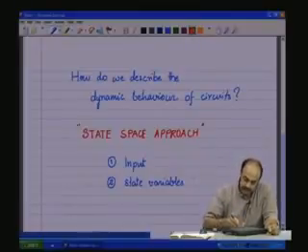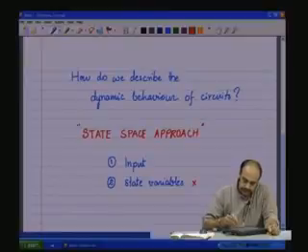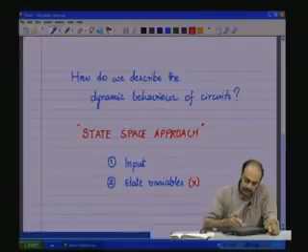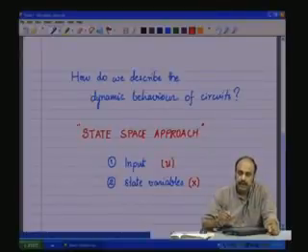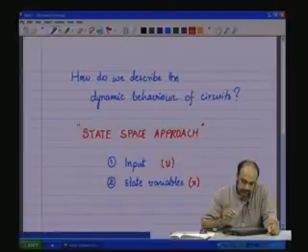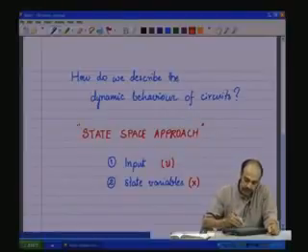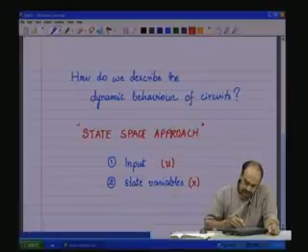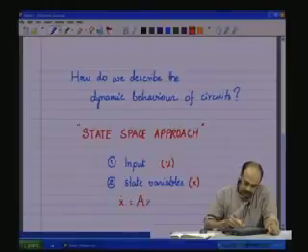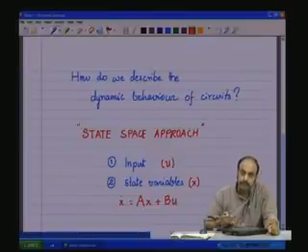So, let x be the state variable and let u be the input variable. Then the state equation can be written as x dot equals Ax plus Bu.